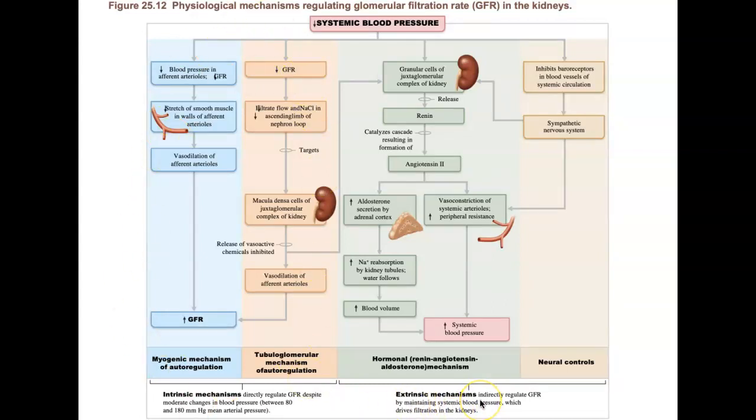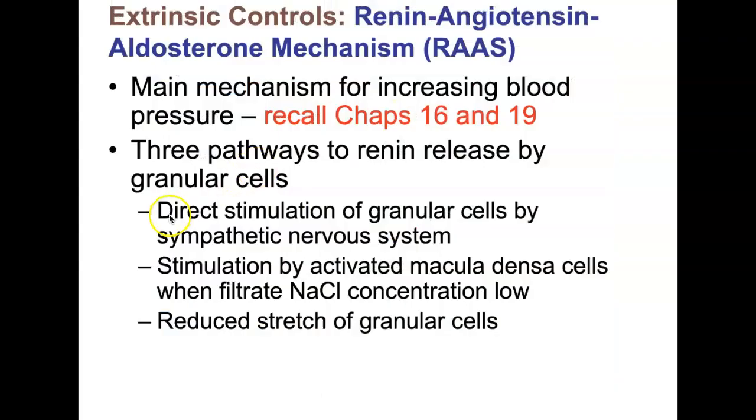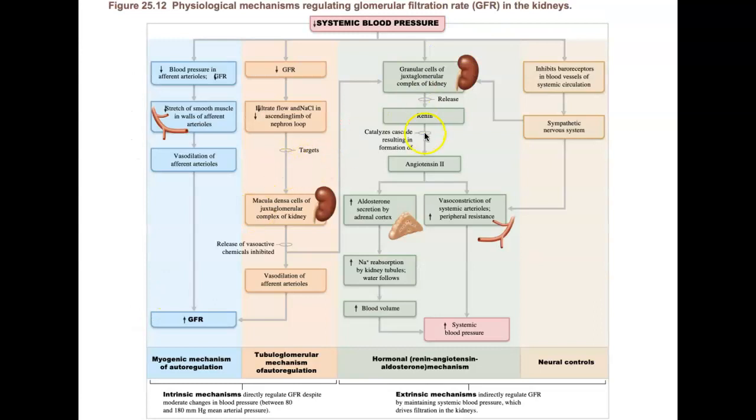The extrinsic mechanisms again indirectly regulate GFR by maintaining a systemic blood pressure, which drives filtration in the kidneys. We looked at the action of the nervous system, and then we also looked at the role that the granular cells play in releasing renin, and we saw previously that there are three ways that these cells can be stimulated to release renin.